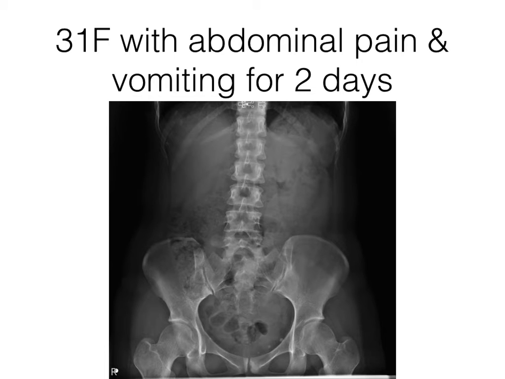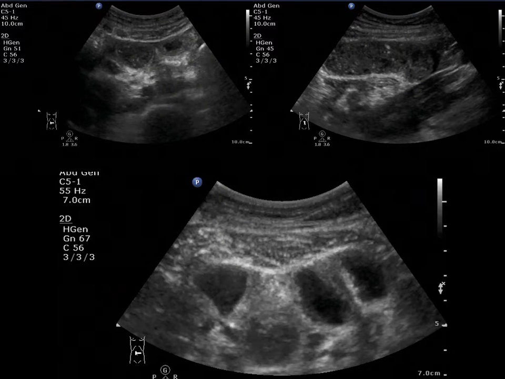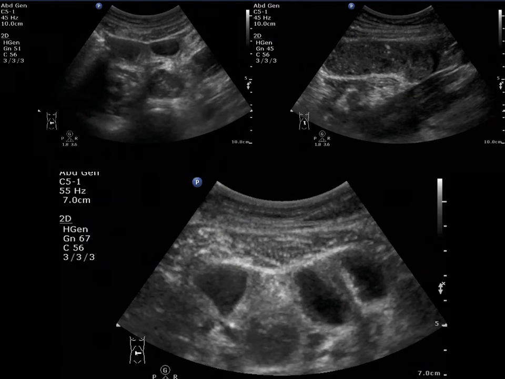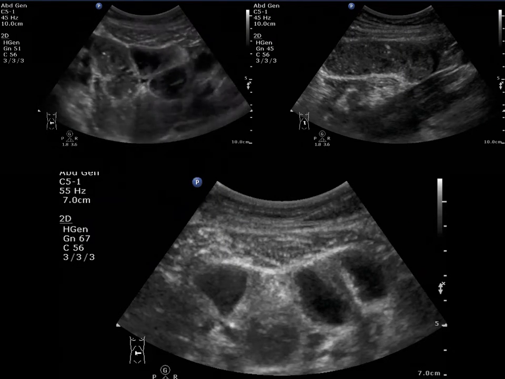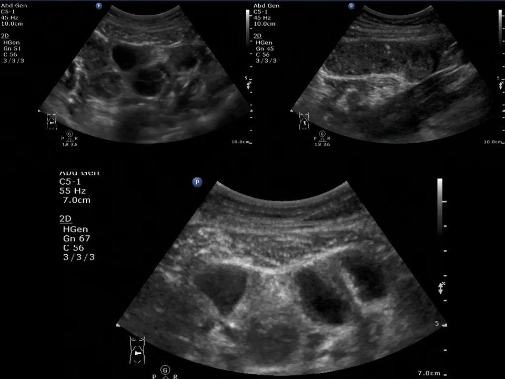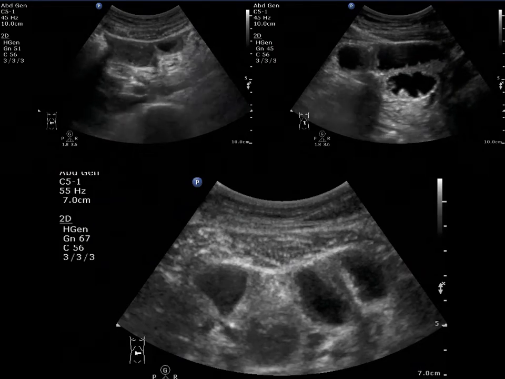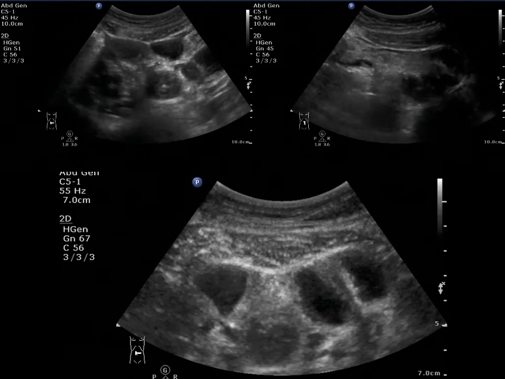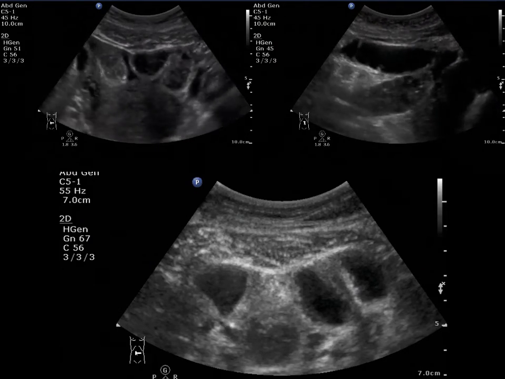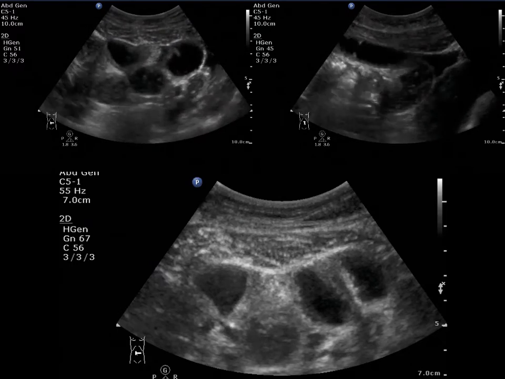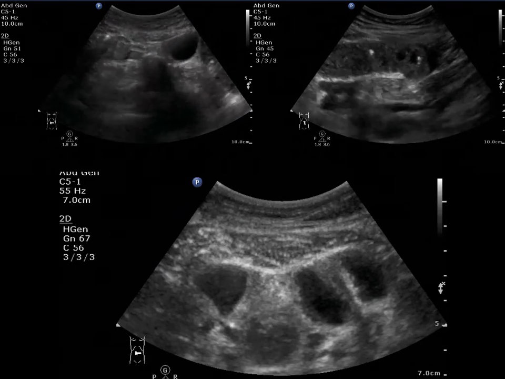This kind of X-ray we cannot diagnose as bowel obstruction, but on ultrasound of these patients we can see dilated small bowel loops, transversely and sagittally, and also some minimal ascites around the small bowel loops.